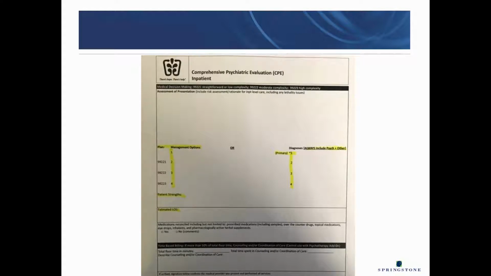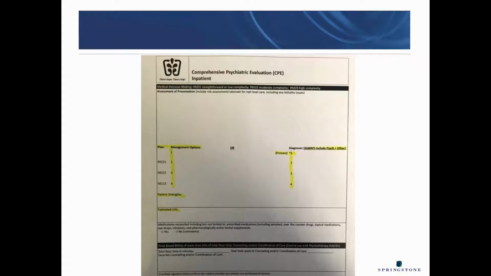Then for the management options, I've set it up so that you can easily see, based on the code you've decided to bill, and again, your decision about the code level is entirely based on the complexity of the patient's visit and how hard you're working from trying to figure out what's going on and what you're going to do about it, which is the nature of the presenting problem.